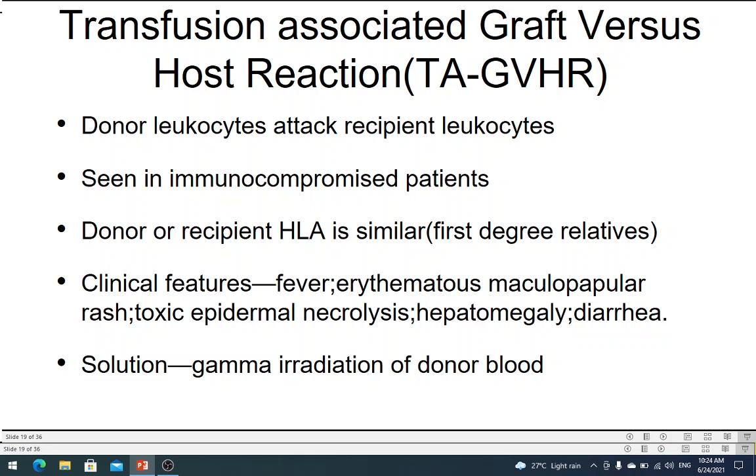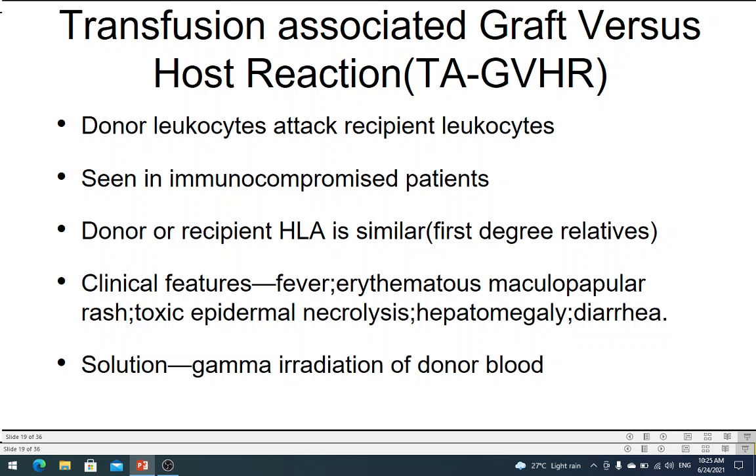Anyway, so now what is happening here is, see, normally when a donor gives blood to a recipient, the recipient's body recognizes the leukocytes present in the donor blood as foreign, and they are destroyed. Understand? But what happens if the patient is immunocompromised?